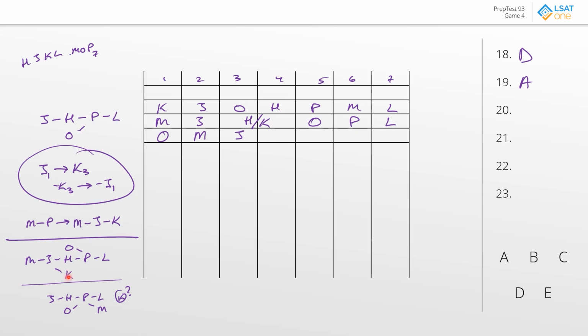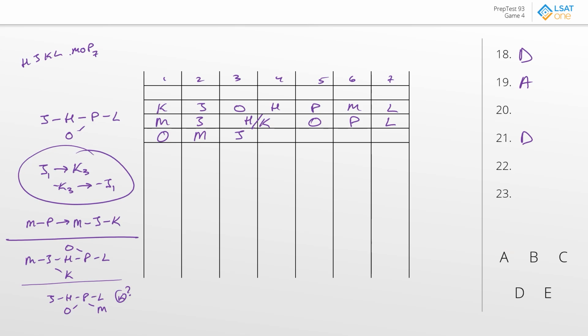So the K can kind of shuffle between all of these people. So let's take a look. The question asks, which of the following must be true? H5, we don't necessarily know that. K4, we don't know. L7, we don't know. O first, there it is. O definitely has to go first. Best answer to question number 21 is D.